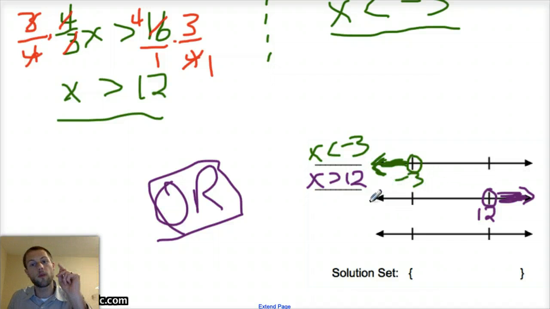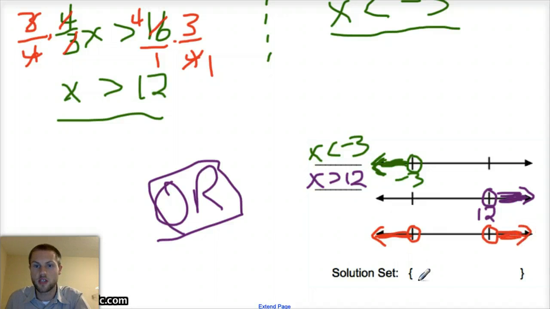Any line. It doesn't have to be both because this is an OR. So remember, OR, either. Either or, both and. So I have a line here with an open circle, and I have a line here with an open circle. So to find my final solution set, I'm just going to combine both of those simple inequalities.